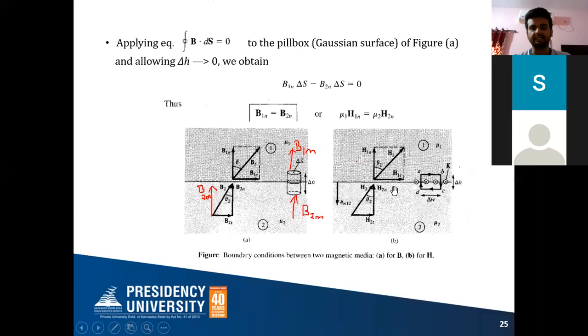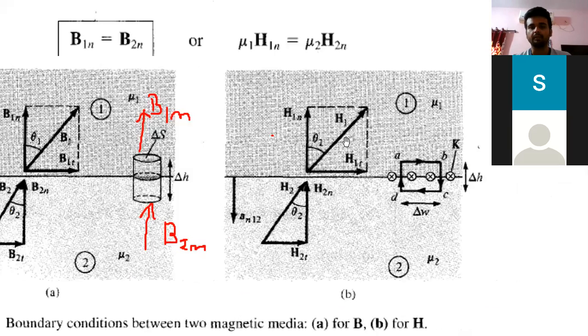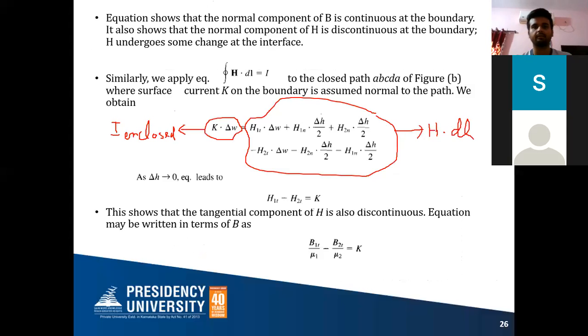If total is delta H and it is getting divided between the two regions, then this much, half of the part, is delta H by 2, and H1N and delta H by 2 direction is same. So you can write plus of H1N into delta H by 2. Okay. So plus H1N into delta H by 2 plus H2N delta H by 2.